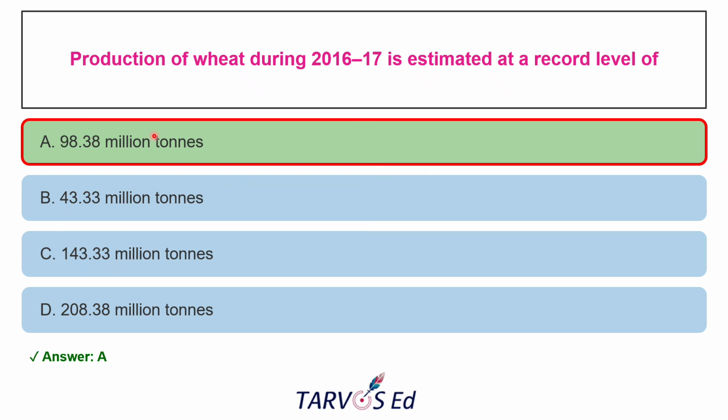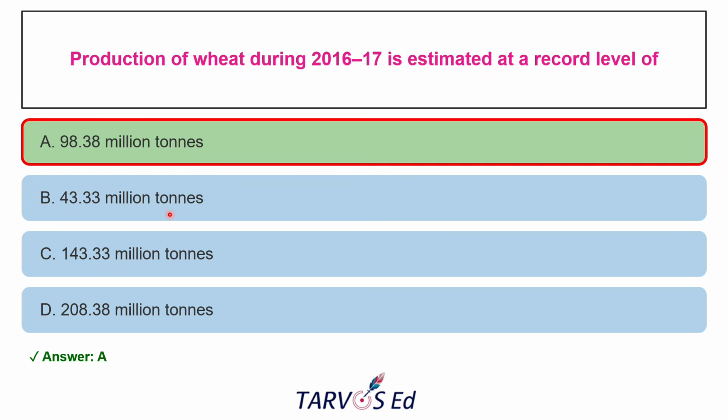India crossed 90 million tons for the first time in 2011-12. Then it hit 98 million tons in 2016-17 due to the good monsoon and new variety releases like HD2967 and all.